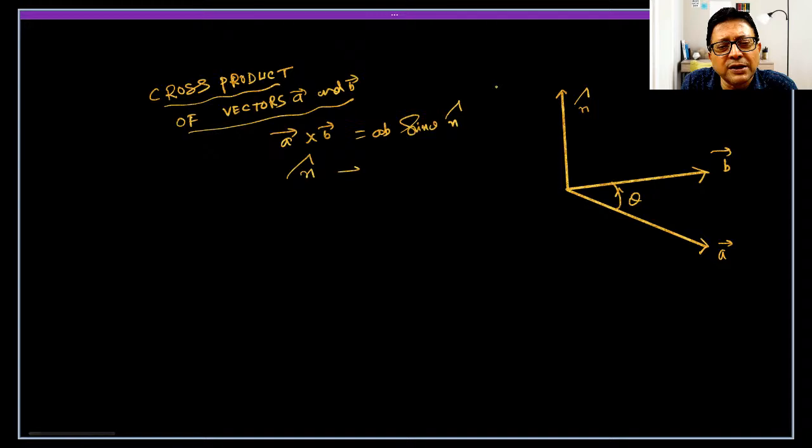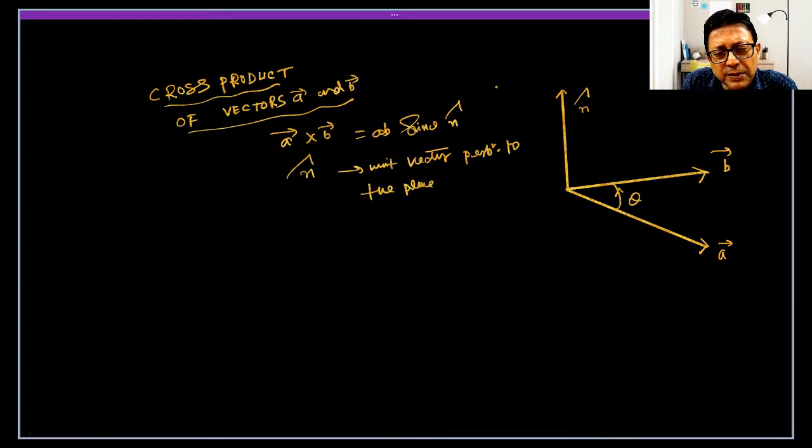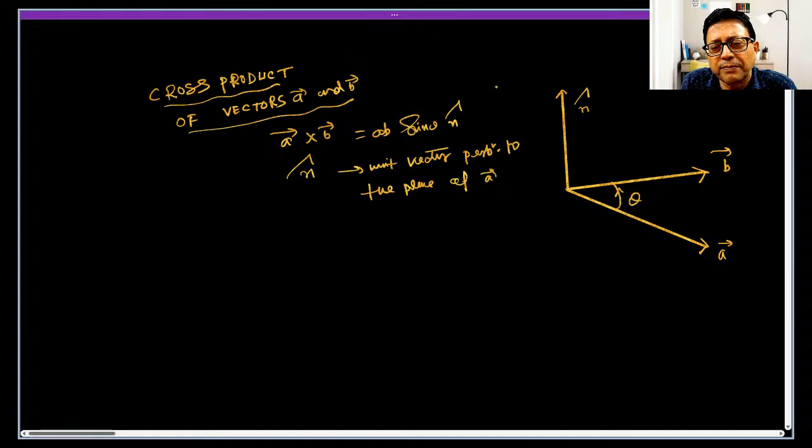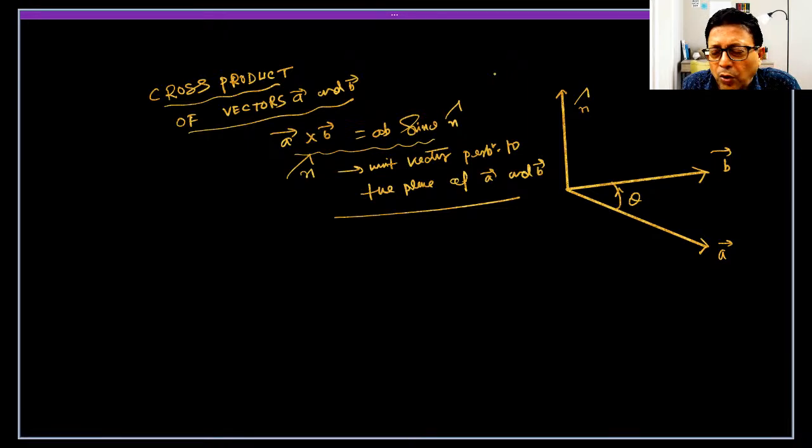This n cap is the unit vector perpendicular to the plane of vector A and vector B. So it is better to say A cross B itself is directed along n cap, or A cross B is perpendicular to the plane containing A and B.